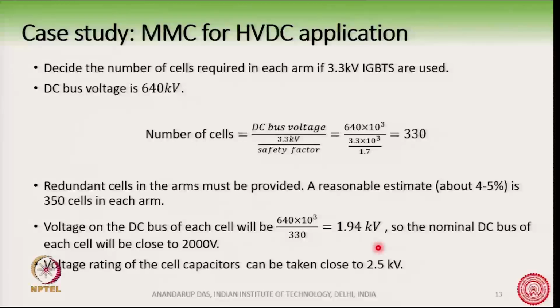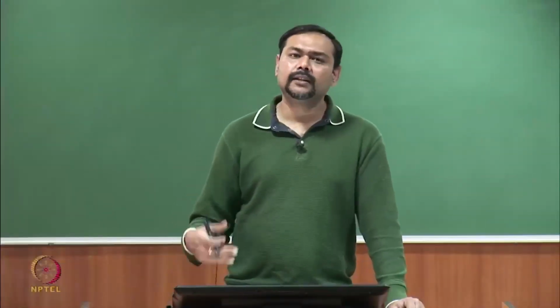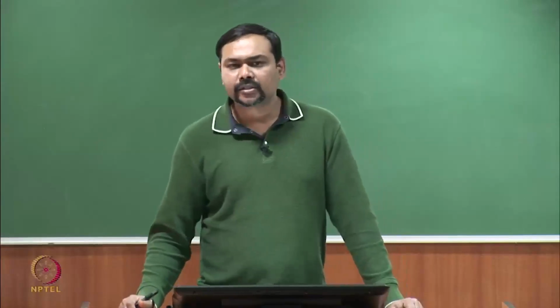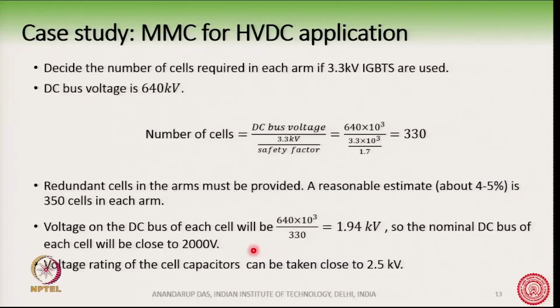So, we are using a 3.3 kV IGBT for a DC bus of 2000 volts, taking a safety factor of about 1.6 or 1.7, which is a reasonable approximation for a first estimate.